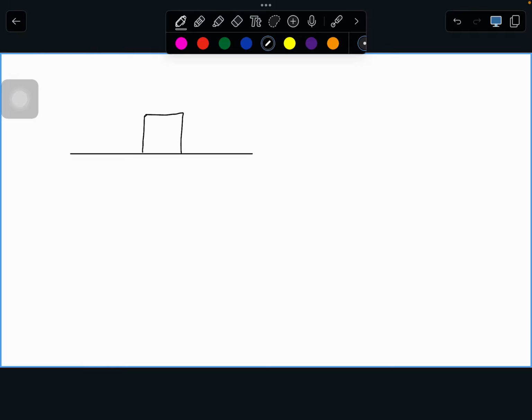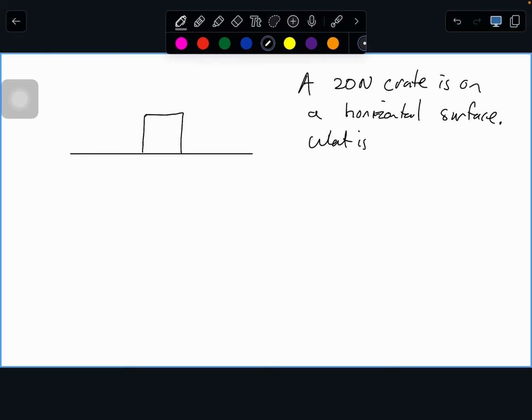And a problem like this might read, a 20 Newton crate is on a horizontal surface. What is the normal force on the crate?